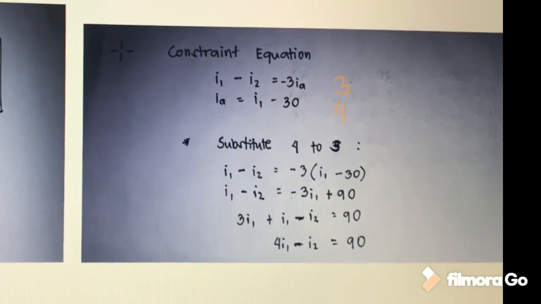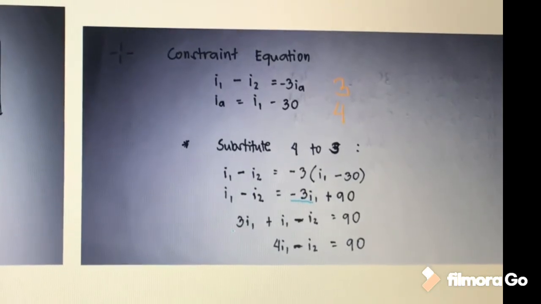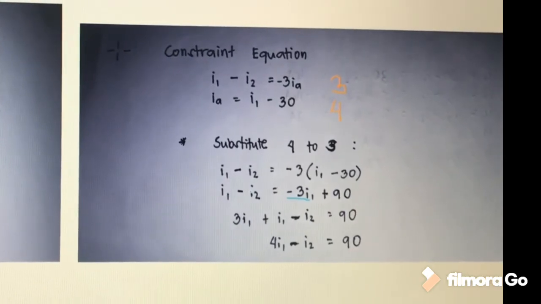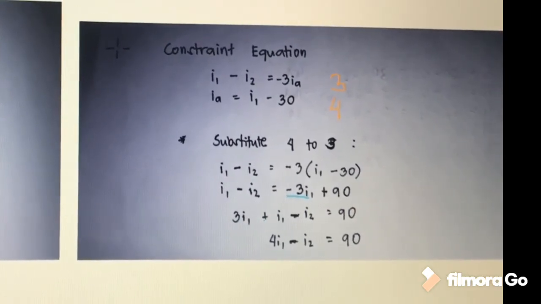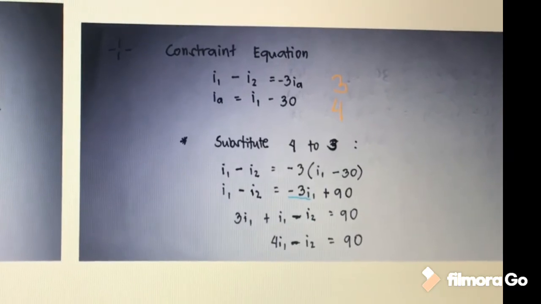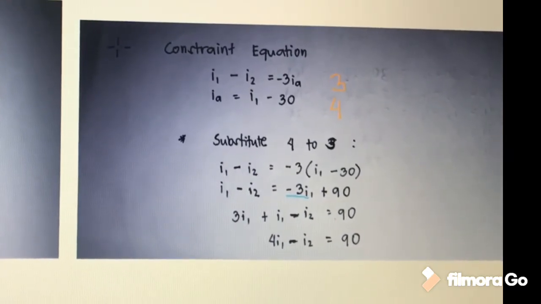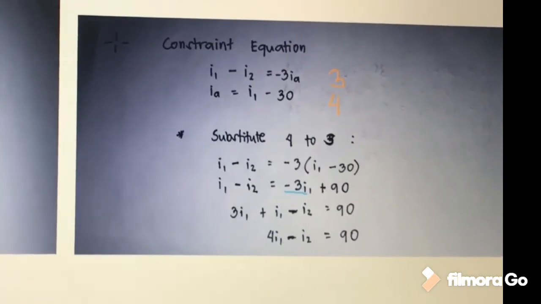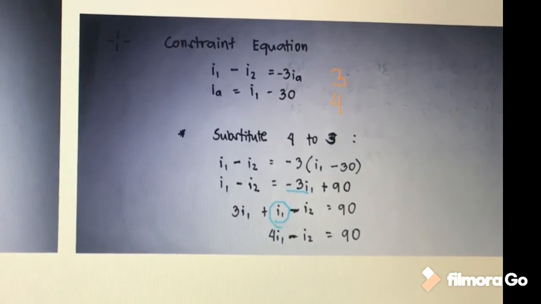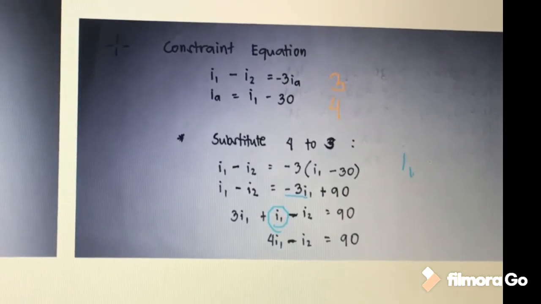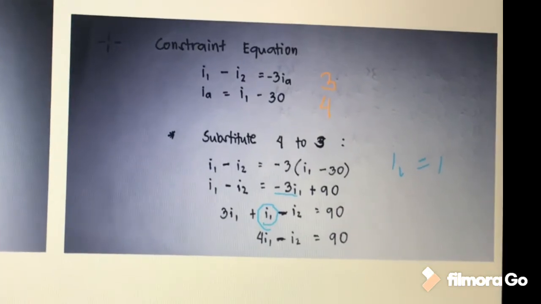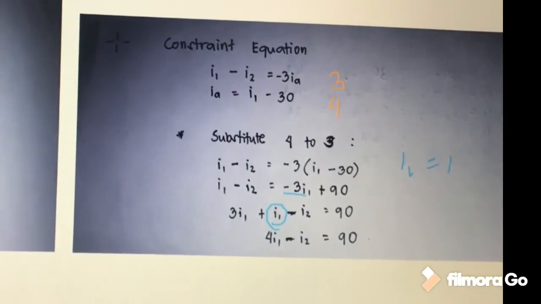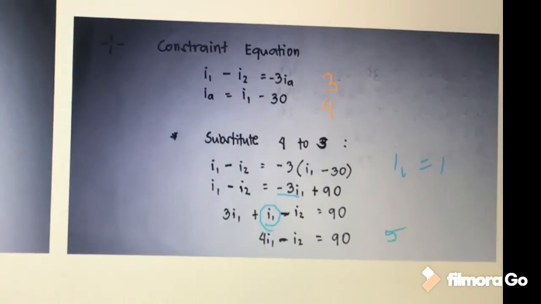So transpose negative 3I1 to the left side. That's why it became positive 3I1. Copy I1 minus I2. So 3I1 plus I1 minus I2 equals to 90. So it became 4I1 because here the coefficient of I1 is equal to 1. So 4I1 minus I2 equals to 90. So this will be our fifth equation.